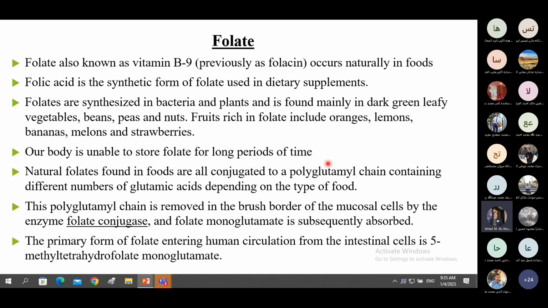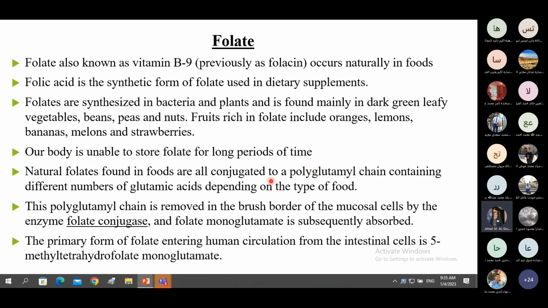With the amino acid glutamic acid, or glutamyl, or glutamate. So it has a number of glutamic acids attached to the vitamin B9. This is why we call it poly. Poly means many. Glutamic acid, the amino acid.